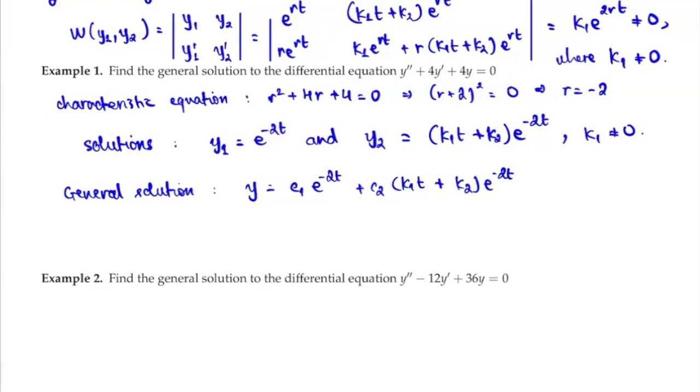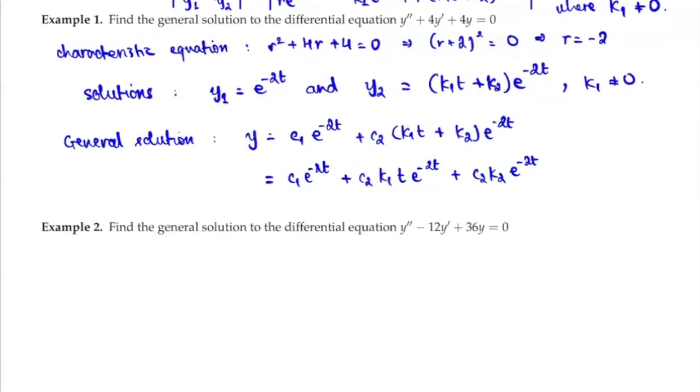So distribute c2 into the parentheses. You have c1 times e to the -2t plus c2 k1 times t times e to the -2t plus c2 times k2 times e to the -2t. And then you combine like terms.